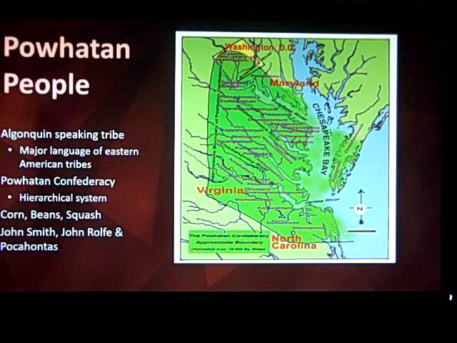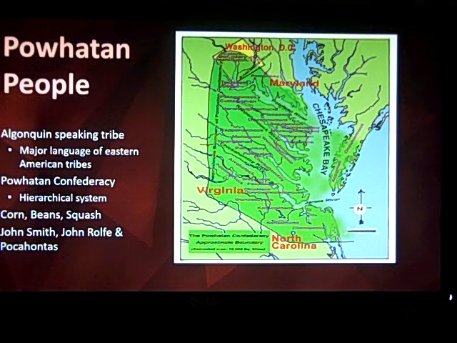So the bands are the individual nations, the Rappahannock, the Appomattox. There's a number of different ones in there that make up the larger Powhatan Confederacy, right?